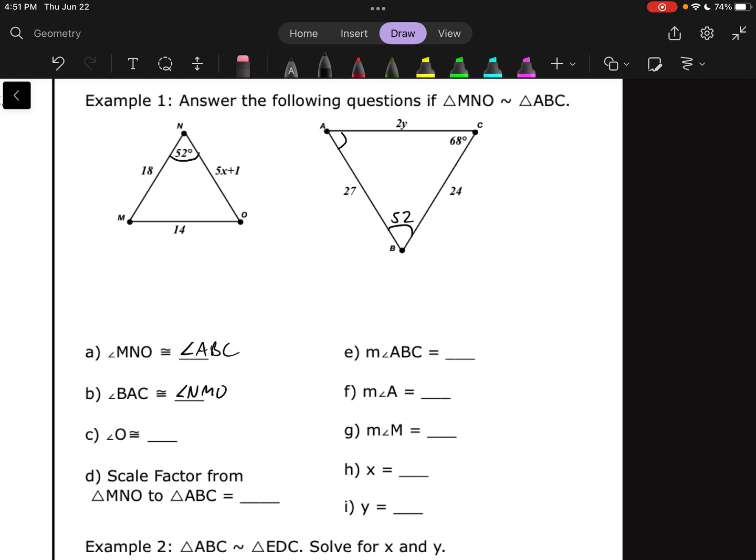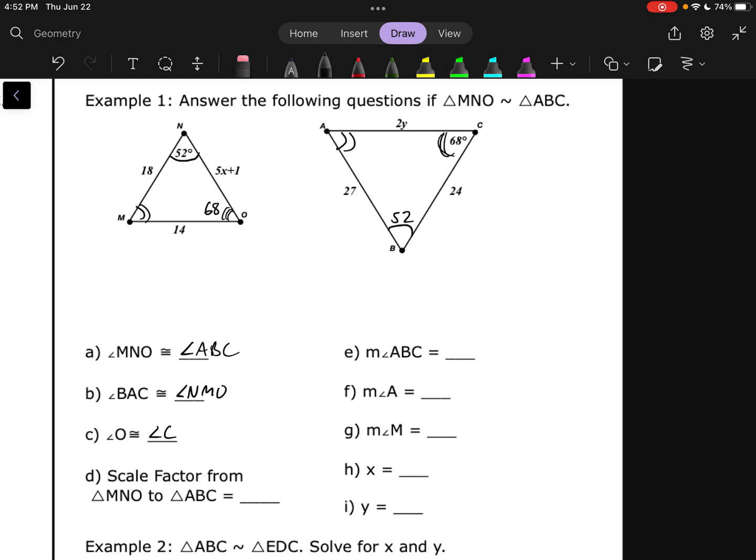That's this angle with this one. And then angle O, the last letter, should be angle C, which means that O is going to be 68 later on if we need to find that.